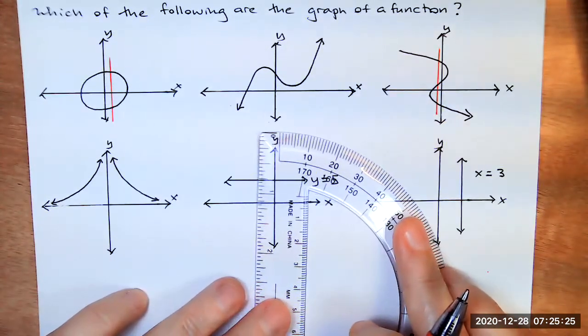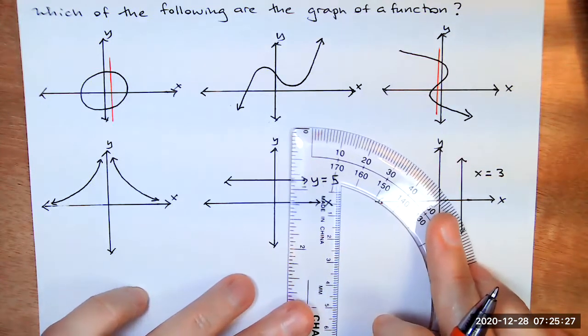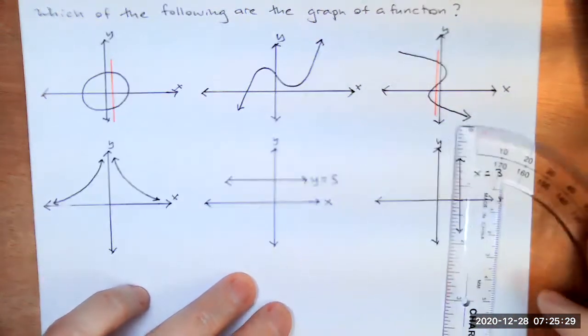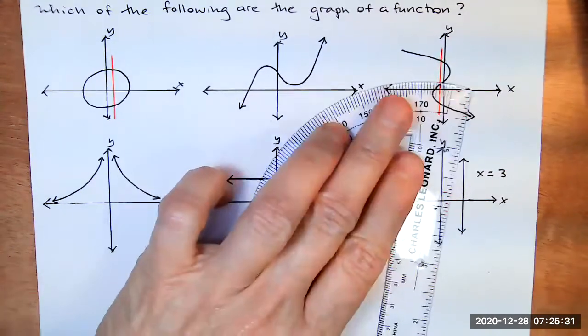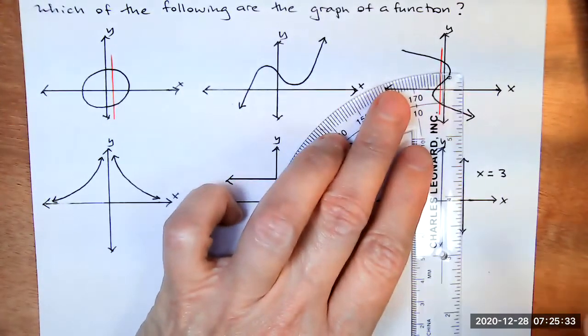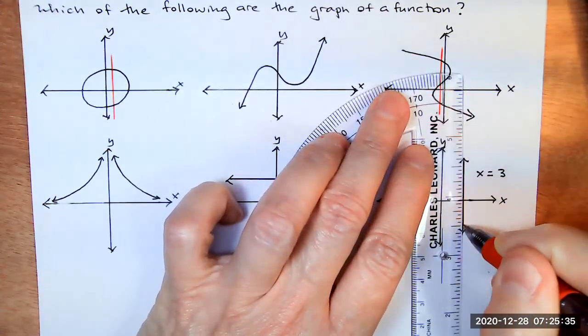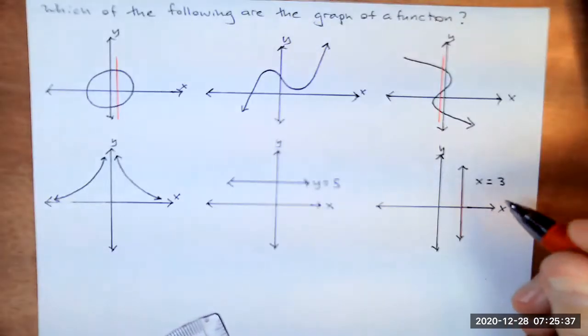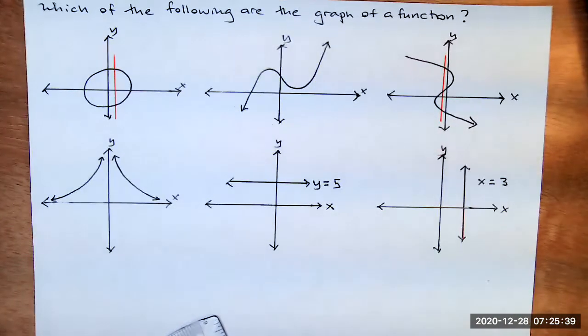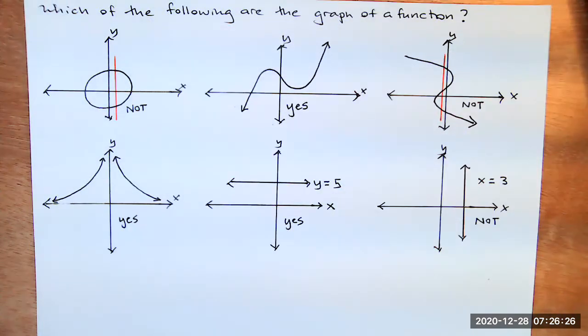This horizontal line is a function, but this vertical line is not a function. Let's write that down. So you can tell by looking at the graph if a relation is a function. How can you tell algebraically? Let's find out.